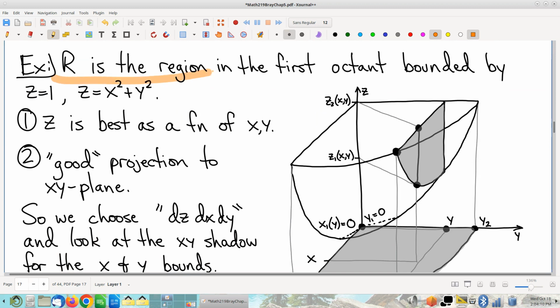We have a region defined by these equations, and this is what the picture looks like. It's a hard picture to draw. You will recall from the last example that having a good picture is really important.